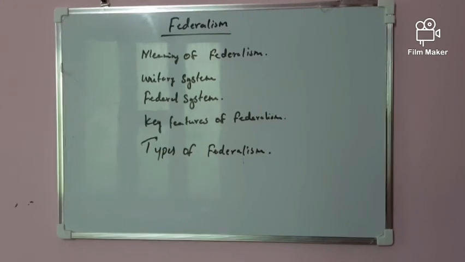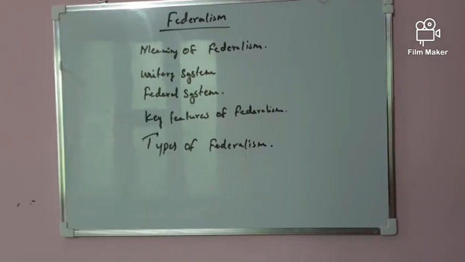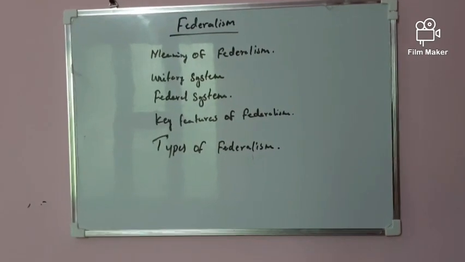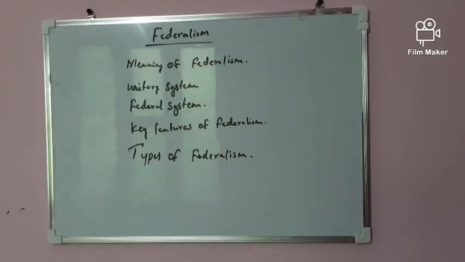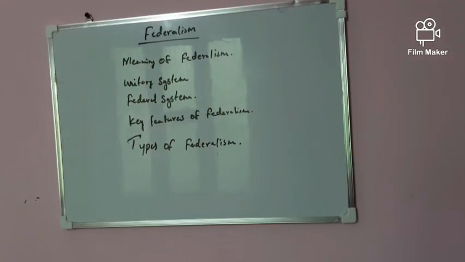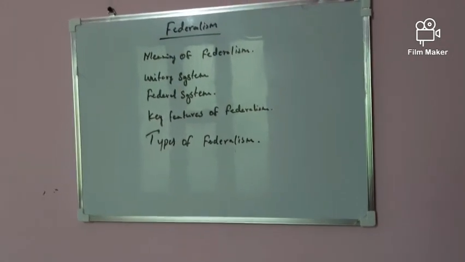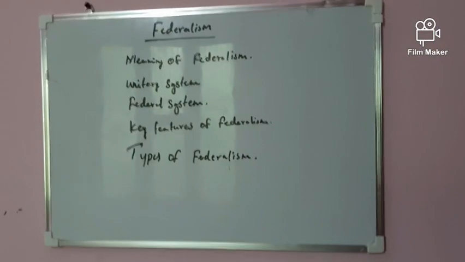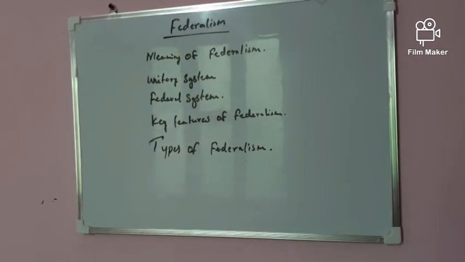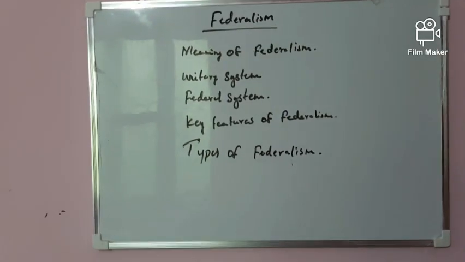Another point is that the central government is supreme and the administrative divisions exercise only the powers the central government has delegated to them. Their powers can be broadened or narrowed. But in the federal system, the state government has powers of its own for which it is not answerable to the central government.